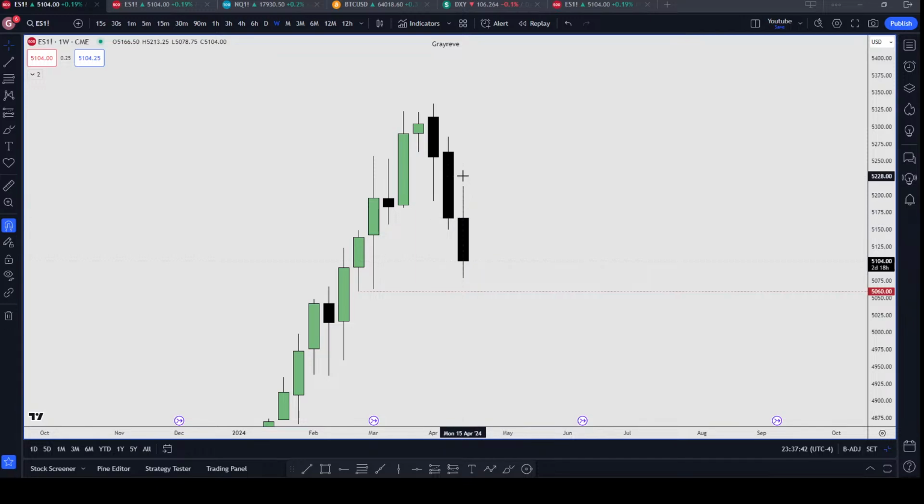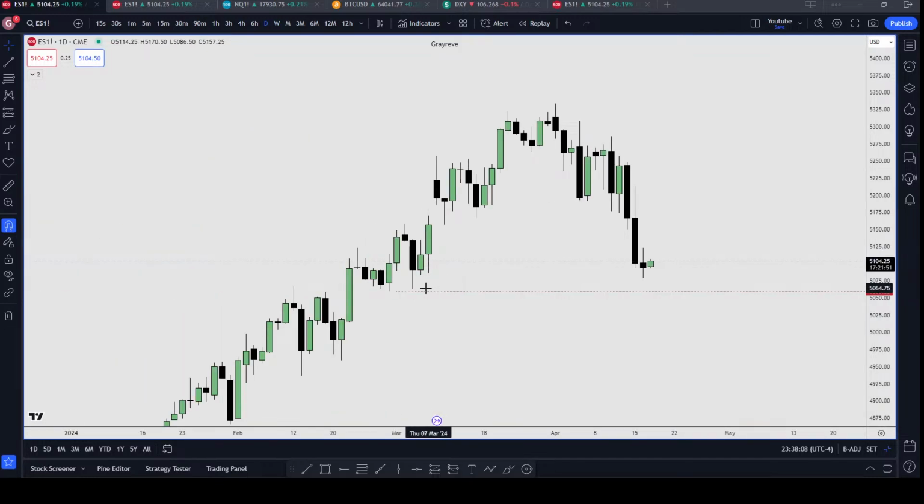Price has expanded above, creating a premium wick, so I don't see any reason to trade back up into this level here, which is above the weekly opening price. This right here is an order block, and as you can see, it is respecting this order block, heading into a higher time frame PD array.